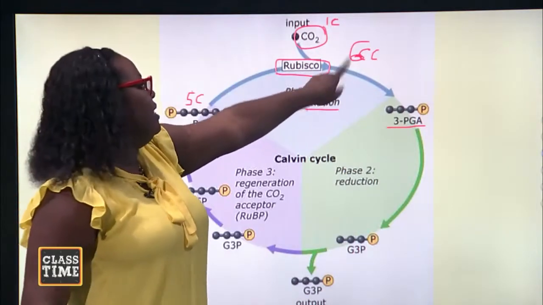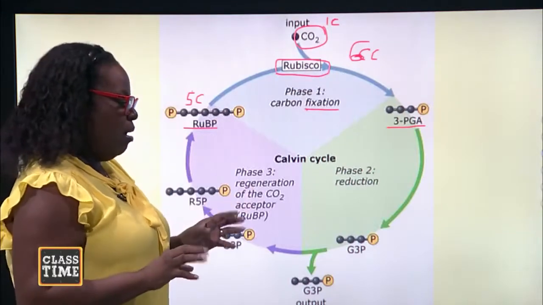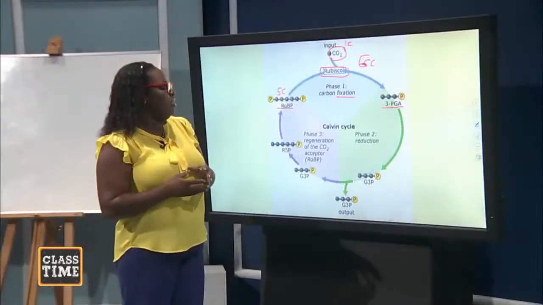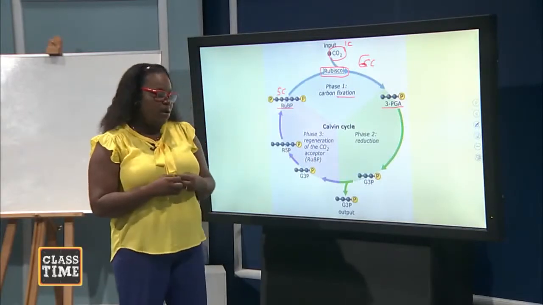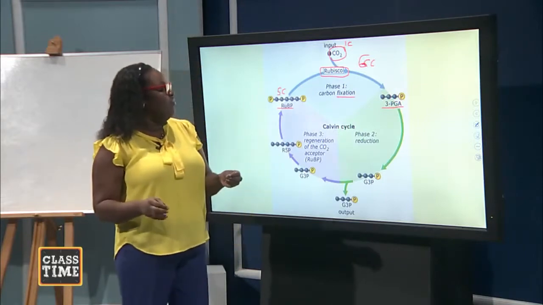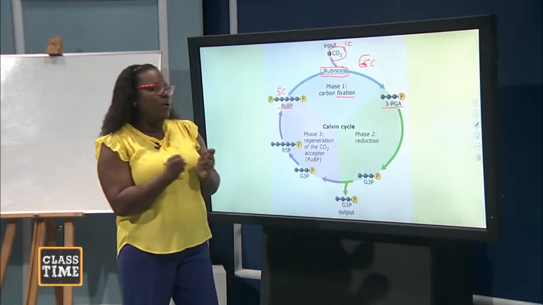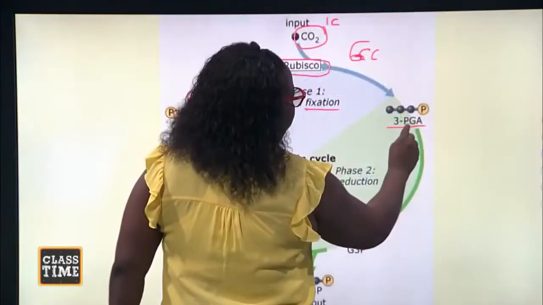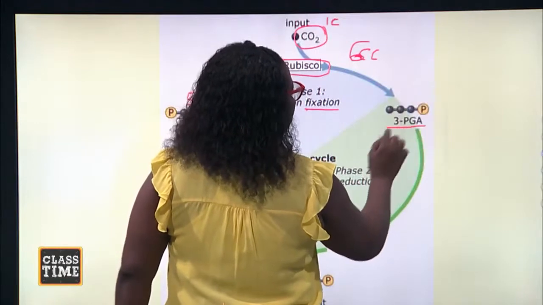The problem is this 6-carbon substance that's made is not viable. It cannot stay. It is very unstable. So immediately as it's made, it's broken into 2 compounds of 3-PGA, which is a 3-carbon compound.